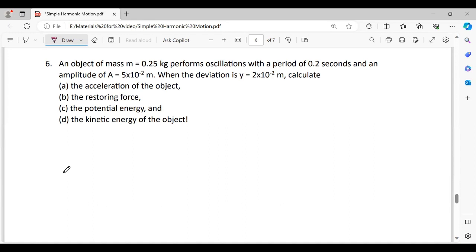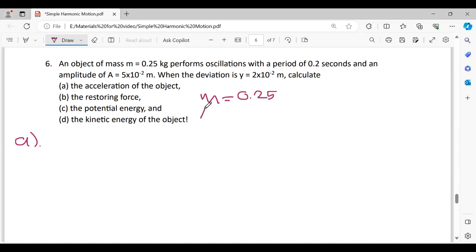Okay, so for A, I'm going to identify first that m is 0.25. What else?